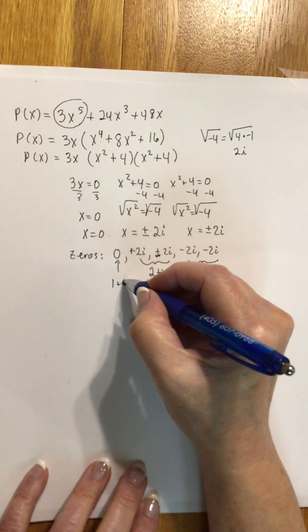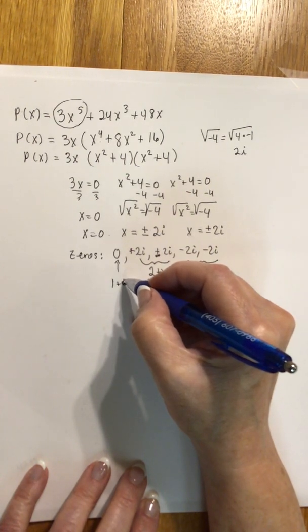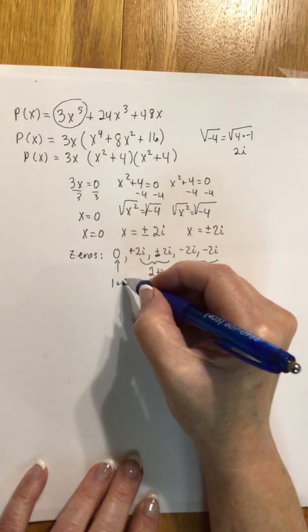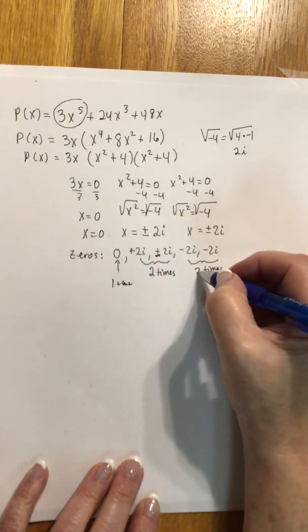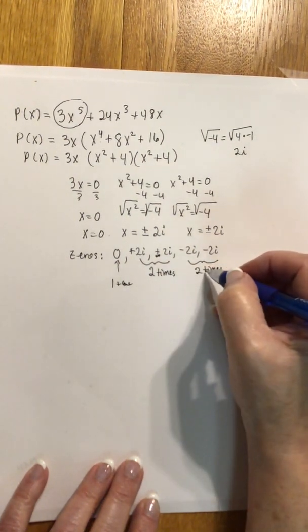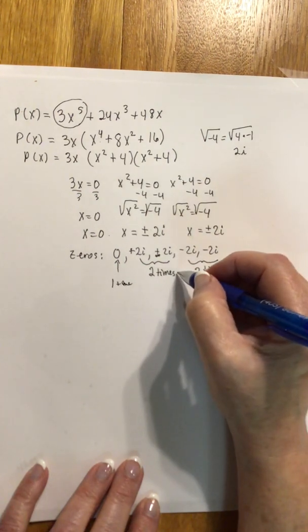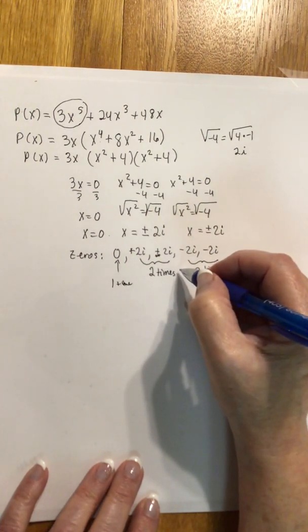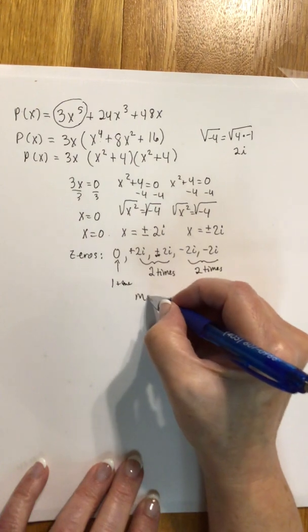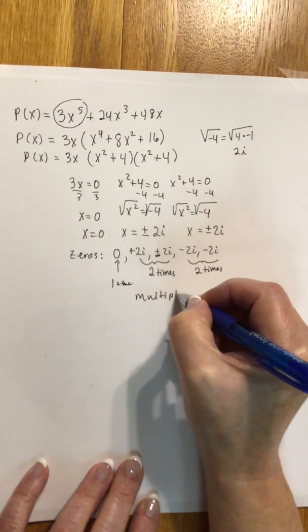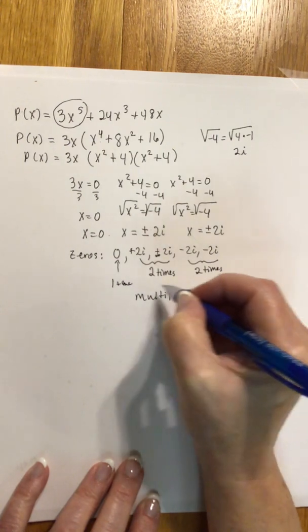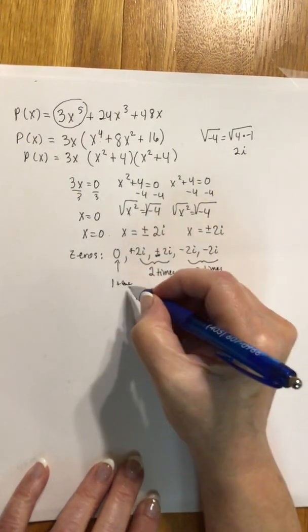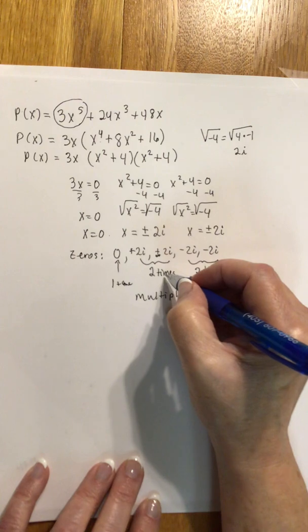This one is 1 time, so it's going to have an odd multiplicity, or a multiplicity of 1. These two occur 2 times each, so it's going to have an even multiplicity, so that it occurs an even number of times. So multiplicity is determined by odd or even. This would be the odd number of times, this would be even number of times.